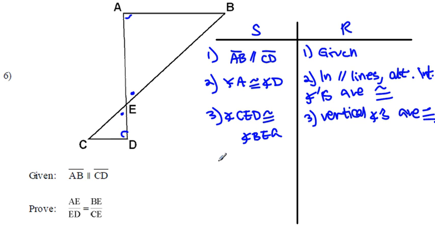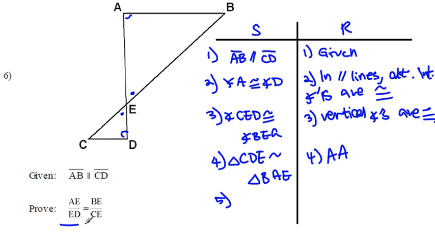All right, number 4. After we have set up two pairs, then we can say those two triangles are congruent. I mean similar. So we have triangle CDE is similar to triangle BAE. Now, step number 4 is going to be AA. And step number 5, we can put the proof statement right over there.